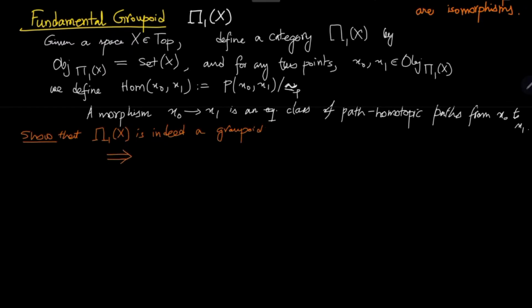Which basically means that for any points x0 and x1, note that they can always be the same point. So we could be considering loops here, but we do not explicitly say that we are considering loops. We will separate this out later on. Just wait a second.